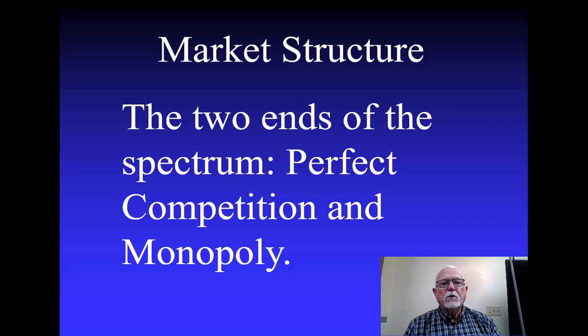So we're going to define market structure basically by looking at different examples of market structures. We're going to have a total of four, but we're going to look at the two extremes first. One extreme on one side is perfect competition, and the other is monopoly. Now, excuse me if I use the term PC here.